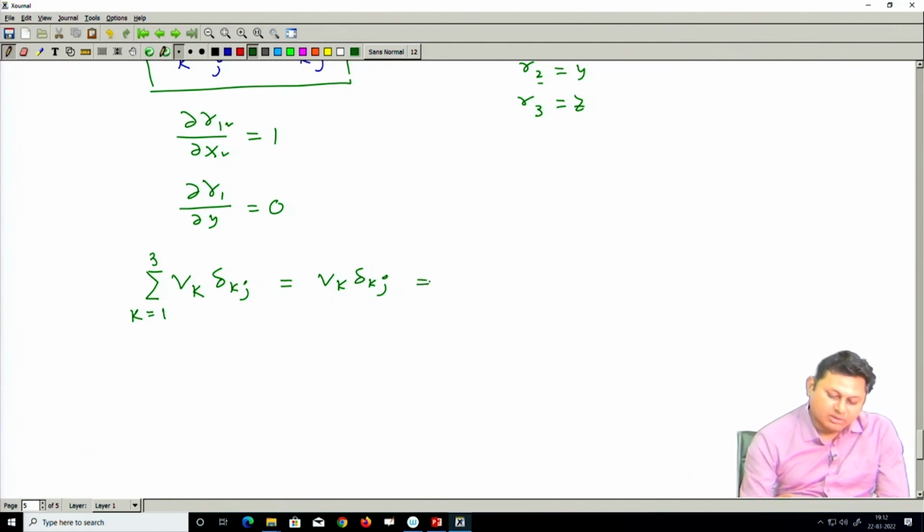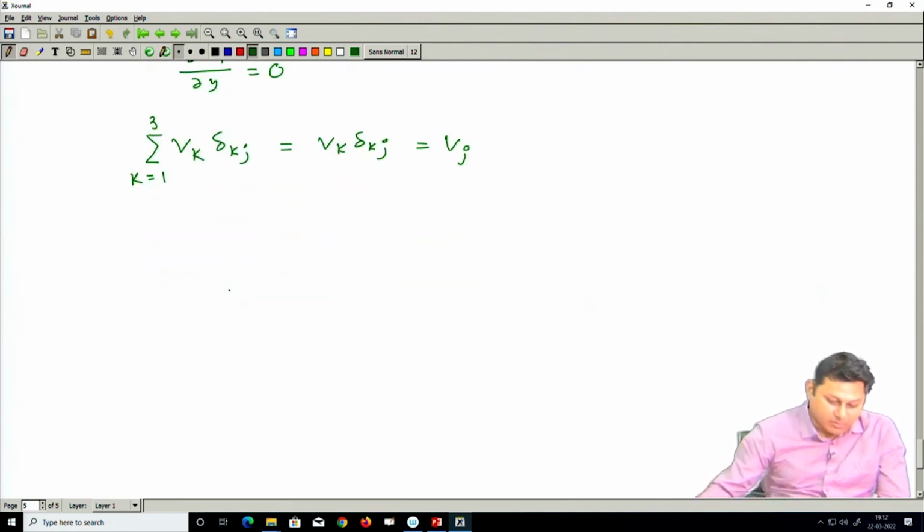If you look carefully, only when k is equal to j is this meaningful. Apart from that, the delta value is always 0. So, it will give me the jth component of V.